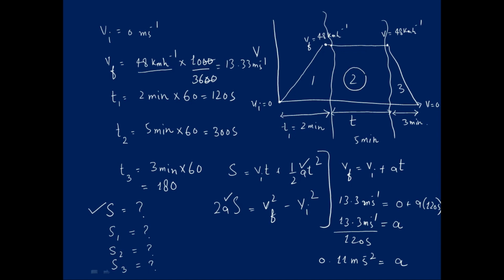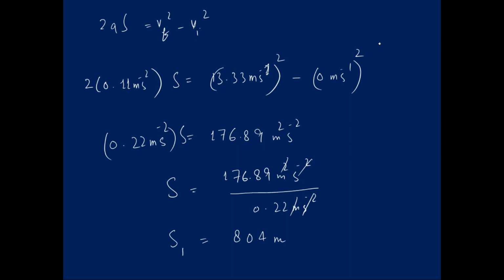Now to calculate the distance traveled by the train in part number 2, we can see that the train was moving with uniform velocity. When the train was moving with uniform velocity, it has zero acceleration. Its initial velocity is equal to its final velocity. So in that case, we can use the second equation of motion.